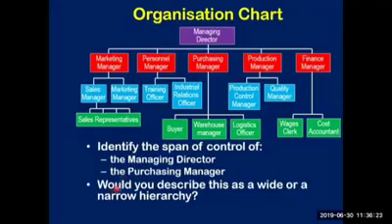So here we have identified the span of control of the managing director and the purchasing manager. Purchasing manager has this span of control: buyer, warehouse manager, and logistics officer. And what does the managing director have? What is the span of control of the managing director?